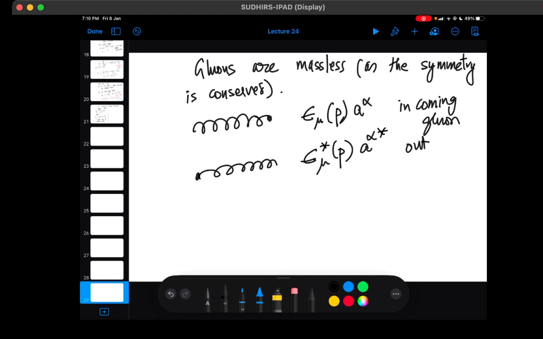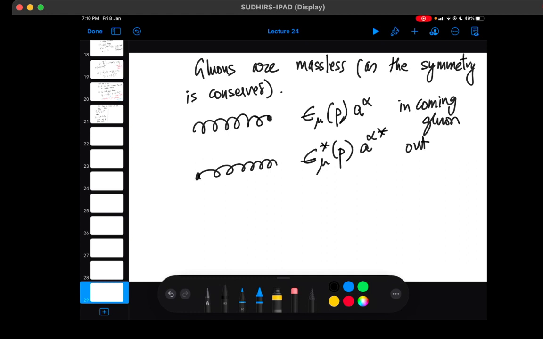So this would be very similar to eta mu nu delta alpha beta over q square. So this essentially ensures the incoming color and the outgoing color are the same, just like the charge is always conserved. So the delta alpha beta is ensuring that the gluon color is not changed during the propagation.